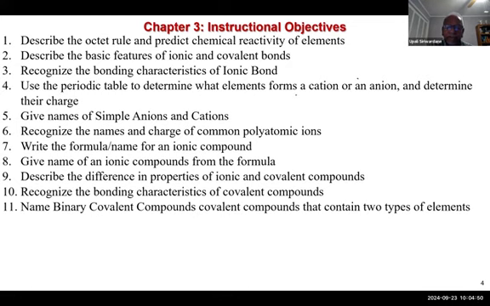Therefore, they become stable. Similar idea, ionic compounds lose or gain electrons to make cations and anions, achieving an octet of electrons that way.